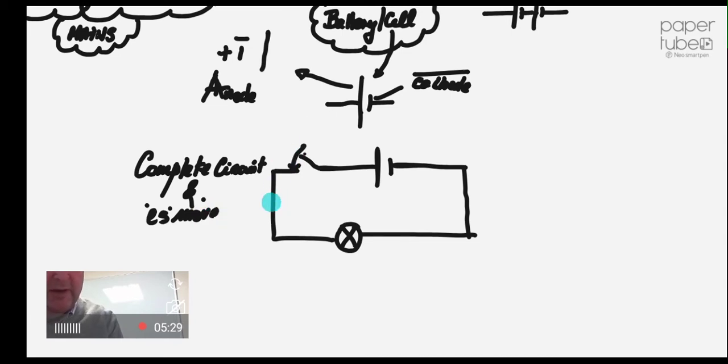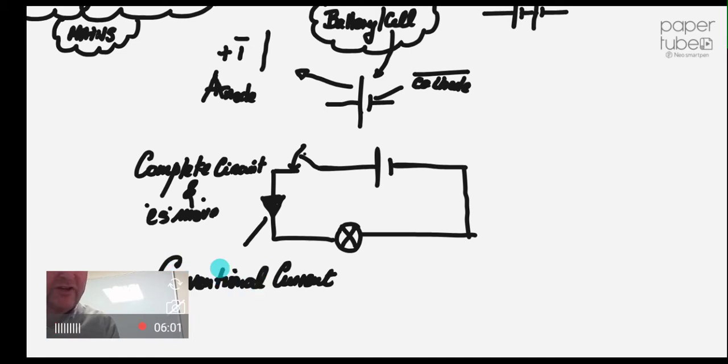But here comes the important thing. You always draw in conventional current. Conventional current is the movement of imaginary positive charges. They believed positive charges moved at the start, so they drew them in like this. The positive charges would be repelled by the positive and attracted by the negative. So that's the conventional current. Look at the spelling of it. It's not convectional, it's conventional.